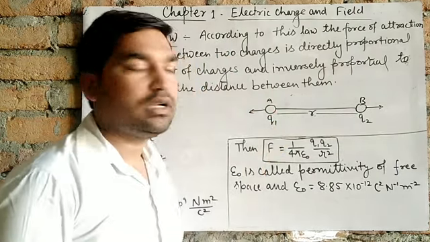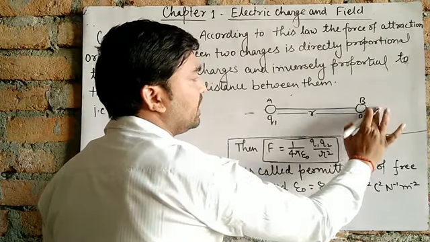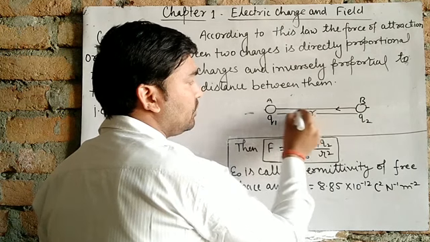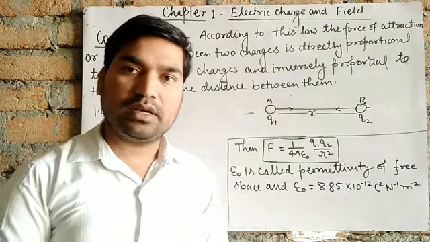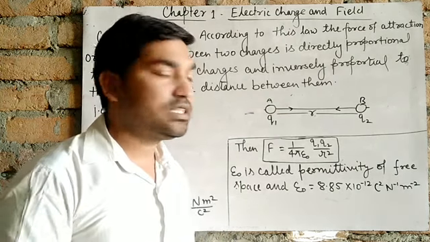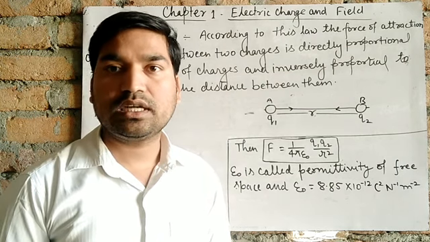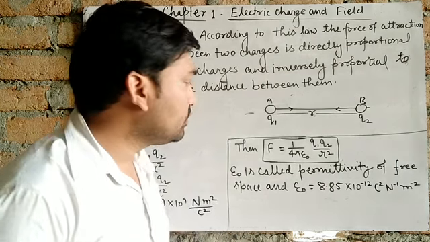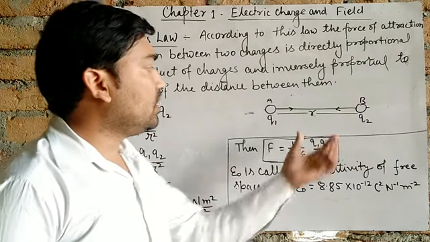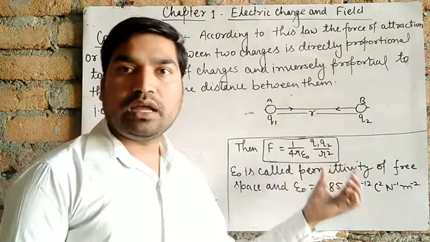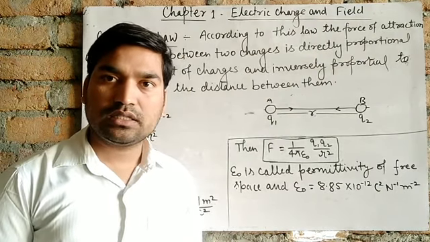Whenever one charge is positive and the other is negative, the nature of the force is attractive. So the force is attractive for unlike charges and repulsive whenever both charges are of the same type. This is the analytical formula to calculate the magnitude of force between two like or unlike charges.